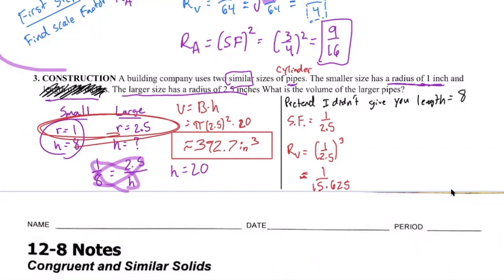So bear with me, that's the ratio of the volume. Now we can actually set up a proportion going this way. So we know the ratio is 1/15.625 equals the volume of the small one over the volume of the large one.